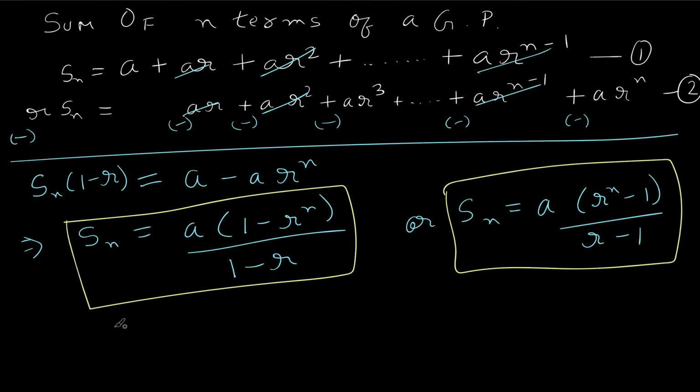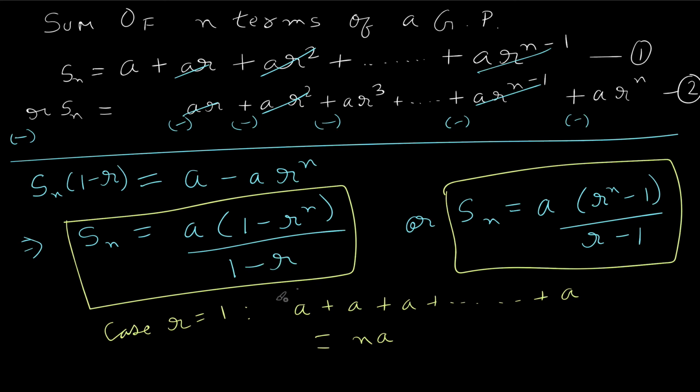One little thing to note here is the case when r is equal to 1. So what happens when r is equal to 1? You are just writing a plus a plus a plus a, and so on up to n times. So this will simply be equal to n times a. In case of r equal to 1, all the terms are the same, so you are adding the same term n number of times, and the answer will be na, because if you try to plug in r equal to 1 here, it will be something divided by 0, which is not defined.